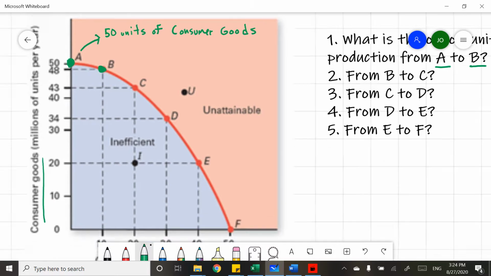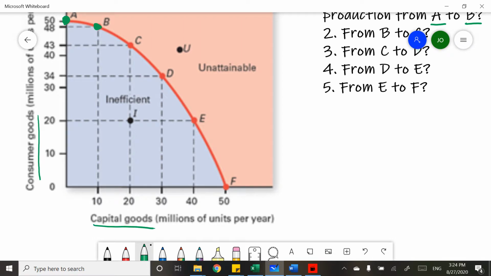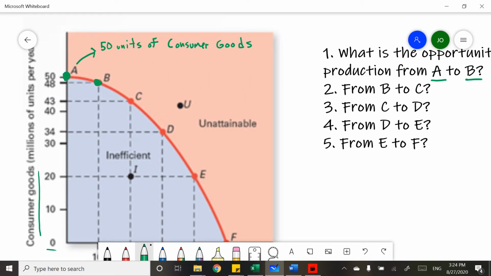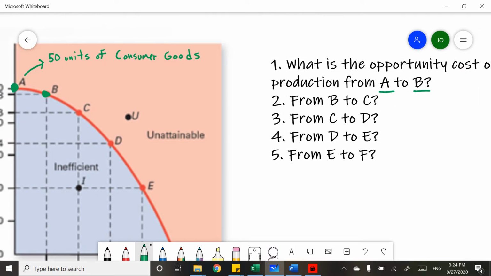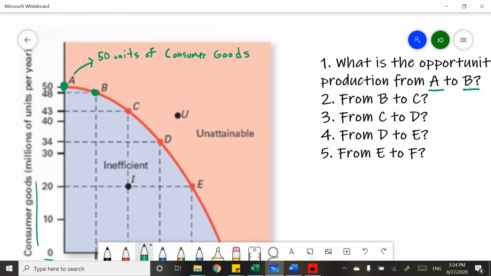And if you look at the number of capital goods, that's going to be 0. So we don't need to worry about that. So at point A, we were only producing 50 units of consumer goods. Now the question is asking, what about when we go to B? Okay, so now we're at this point, letter B. So we're moving from here to there, right?